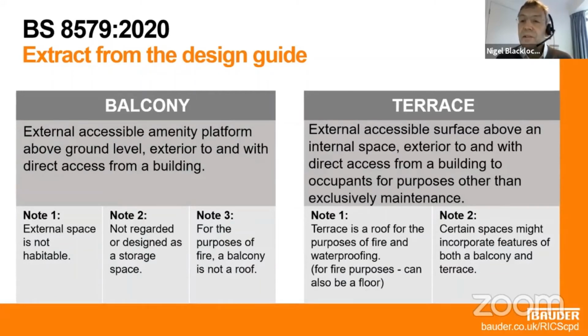Whereas a terrace is quite specifically above a habited area, and therefore would be treated just like a roof has always been treated, following the normal requirements for a roof. So as you can see there, a terrace is a roof for the purpose of fire and waterproofing. And remember it can also be classed as a floor.